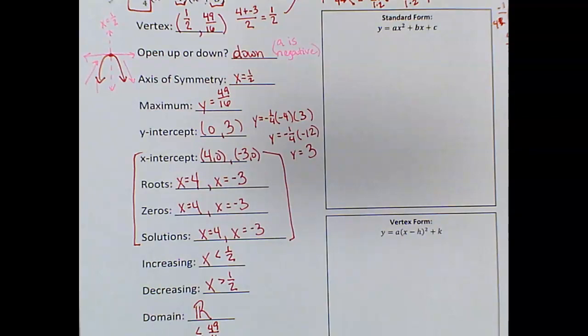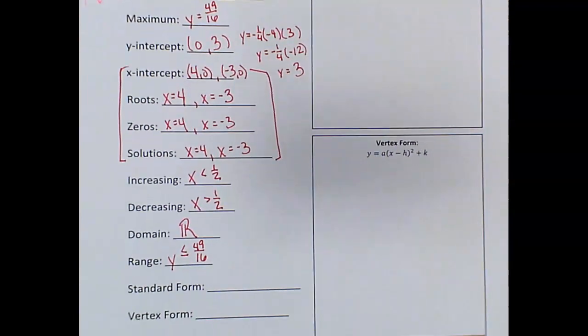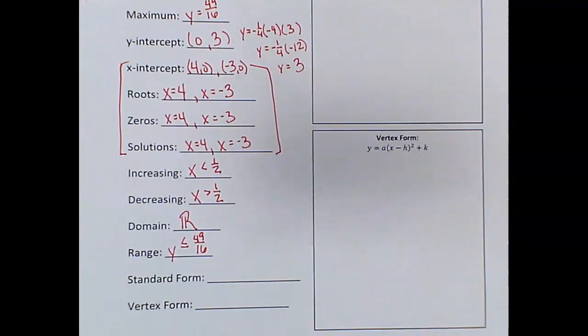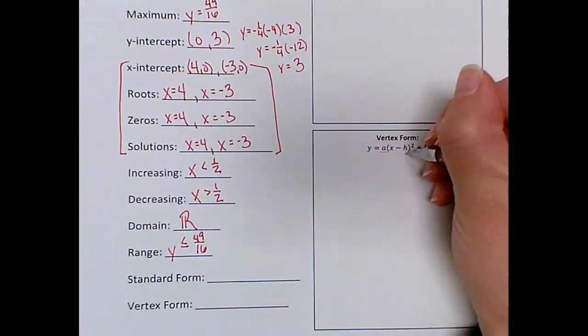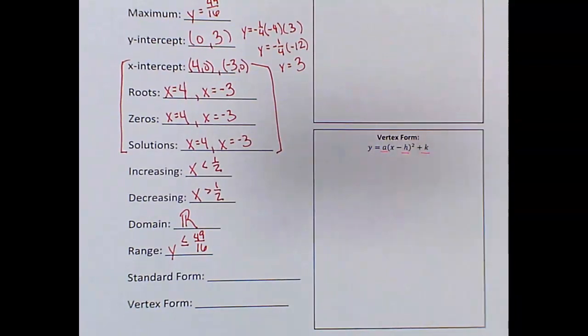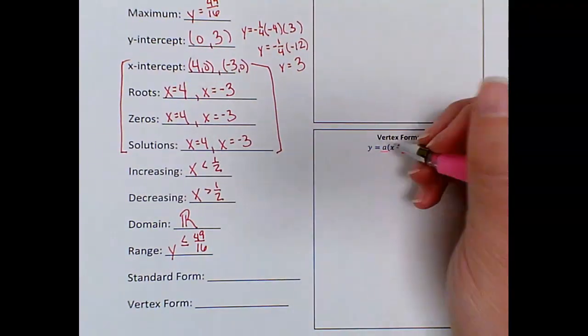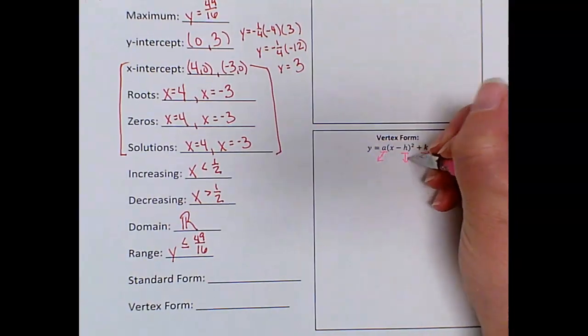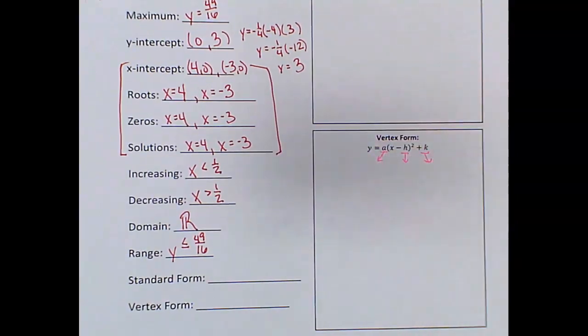Okay. Next thing it asks us for is vertex form and standard form. So I'm going to actually do vertex form first because I feel like I have all of these pieces. Maybe you know you have all the pieces too. So why don't you fill in the a value, h value, and k value and put together vertex form.